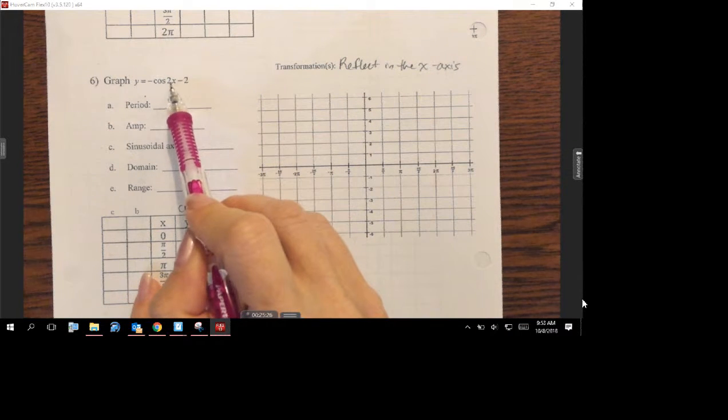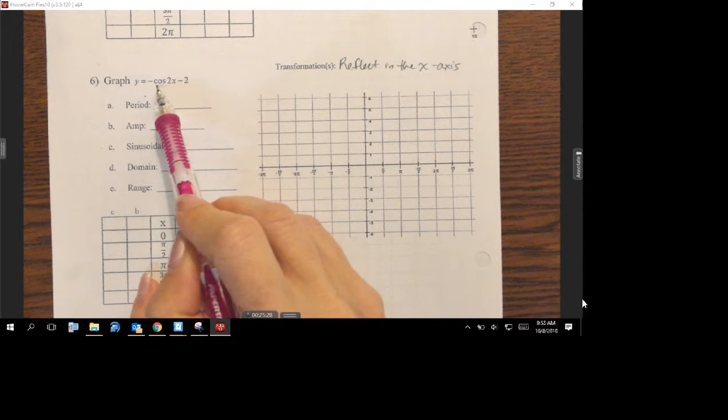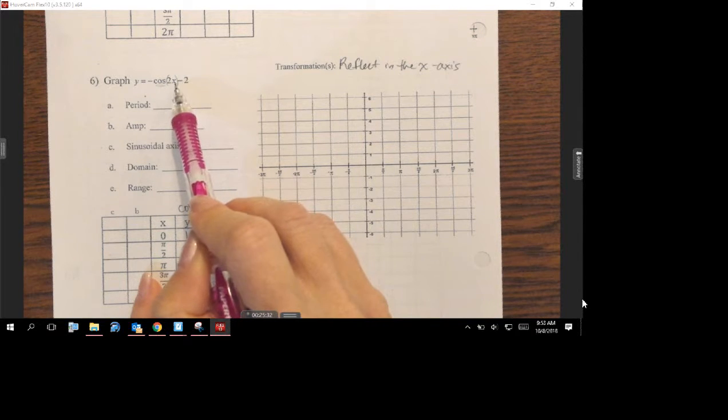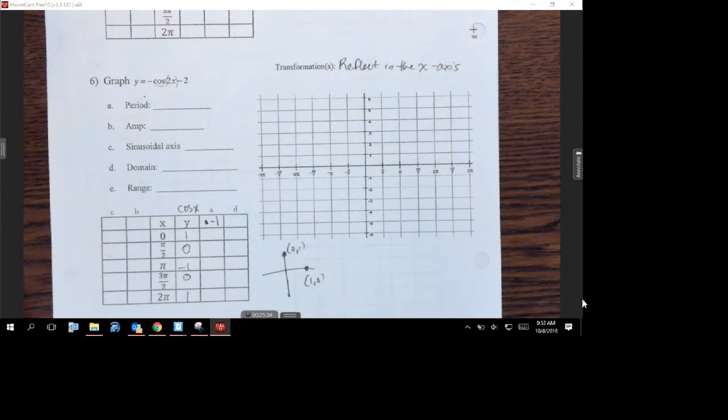Now this 2 comes after cosine, but it is affecting the x. There are parentheses that you can't see after the word cosine. That's around 2x. So this 2 is inside of the cosine function. Is that horizontal or vertical? Horizontal.